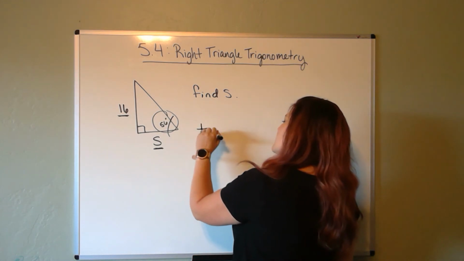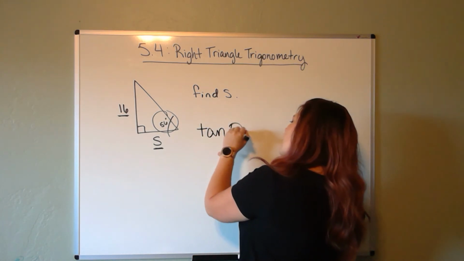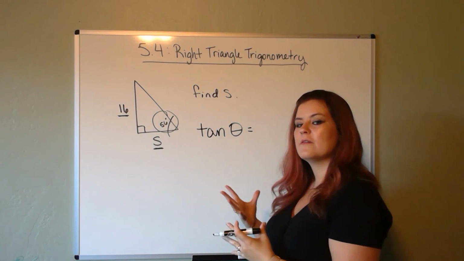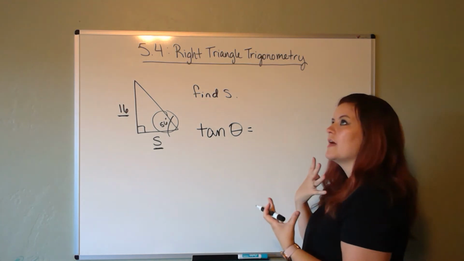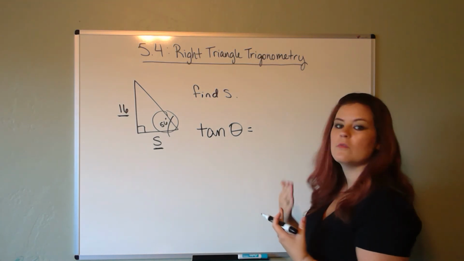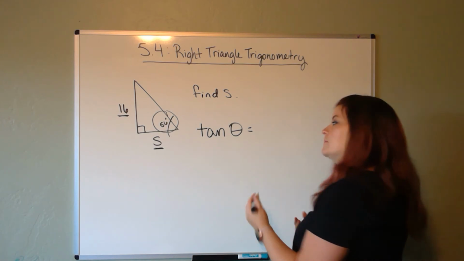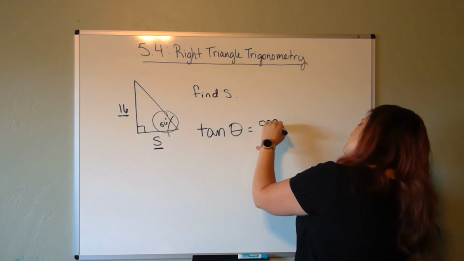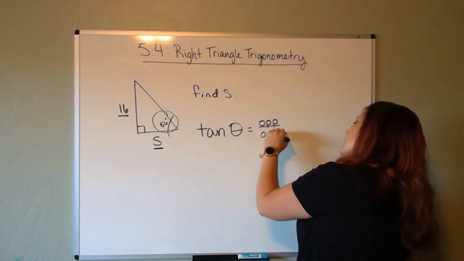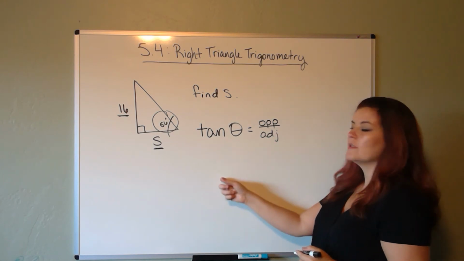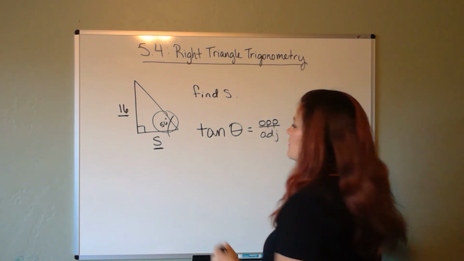So you guys, here's what I'm going to do. The tangent of any angle theta, I'm going to remember what that ratio is. It's opposite over adjacent, right? The TOA. Why don't we take this and fill in what we know about this triangle?